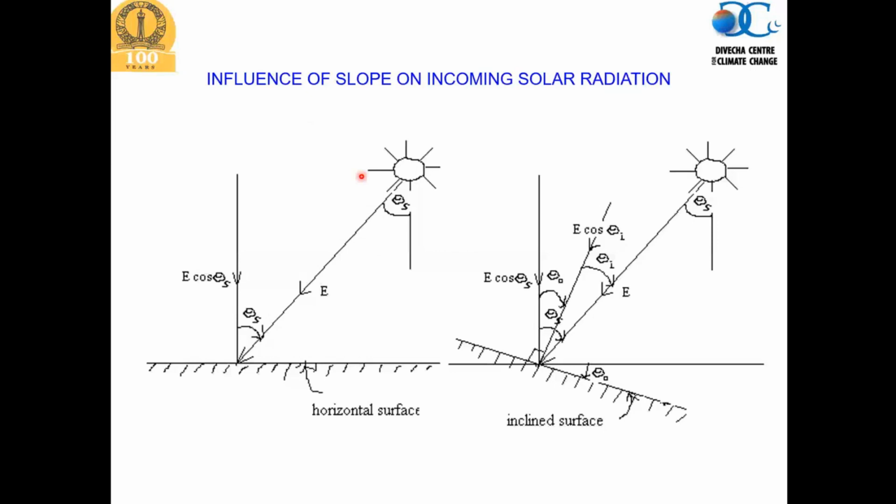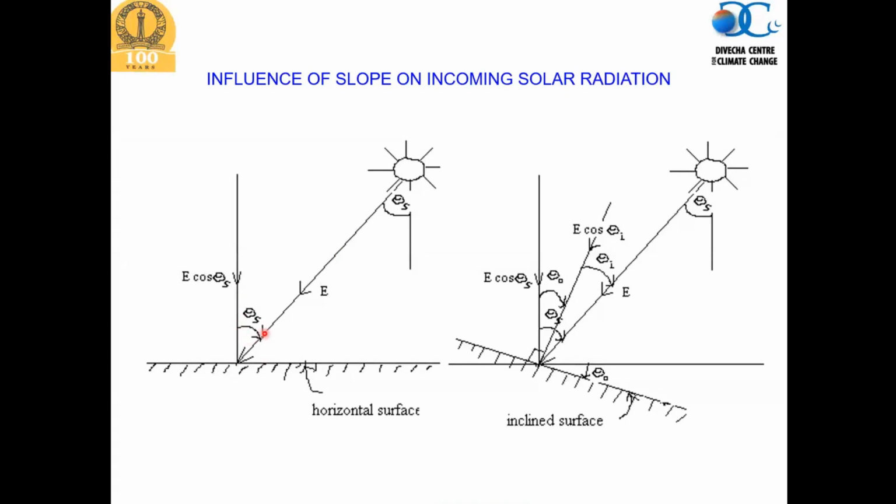So let us understand what it means. You have a horizontal plane here, and you have the sun, making a certain angle with the vertical, which is theta s. So the incoming solar radiation is E times cos theta s.